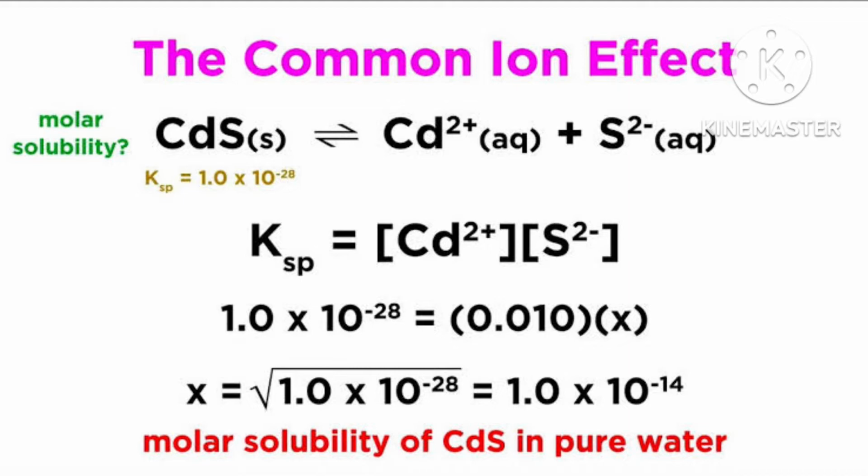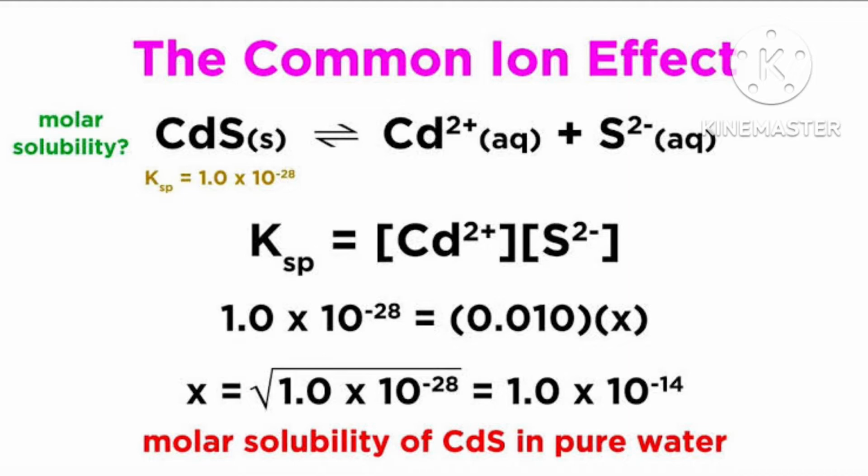Q means quotient. You know that at equilibrium both will be equal. That is the quotient, that is Qsp. Qsp will be equal to Ksp only at equilibrium.